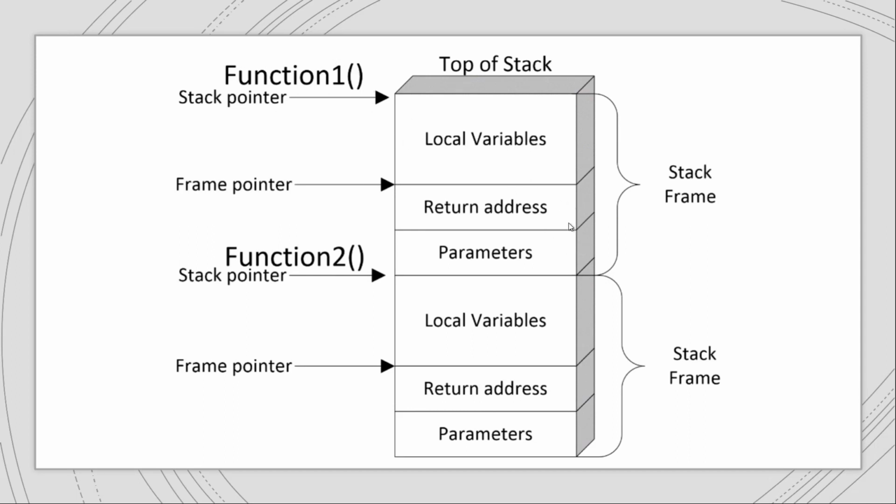This stack frame gets created during the prologue of the function. At the beginning of every function we have the prologue, and at the end of the function we have the epilogue. During the prologue, this stack frame will be created. As you can see here, the frame pointer is pointing to the bottom of the frame, and then the stack buffer is allocated for the stack. The stack frame starts from its bottom, correct?